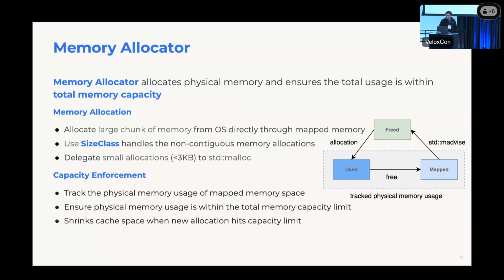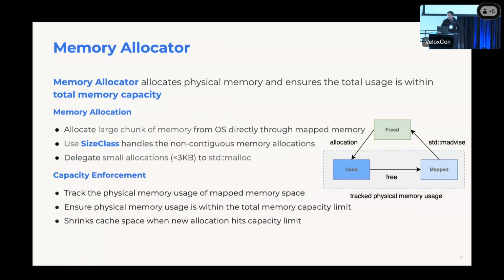Internally, each is initially set up with a large memory space with a size equivalent to the memory allocator's total memory capacity. Then we use a bitmap to track the allocation state of each of the fixed size buffers. On the right graph, we can see that a fixed size buffer in the size class, which we call a class page, has 3 states: free, used and mapped.